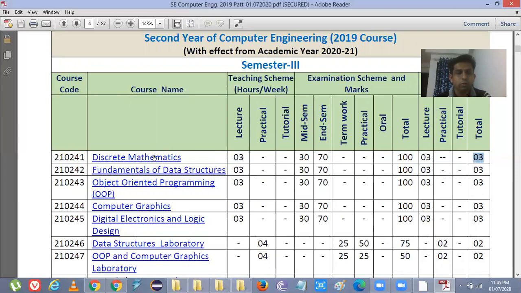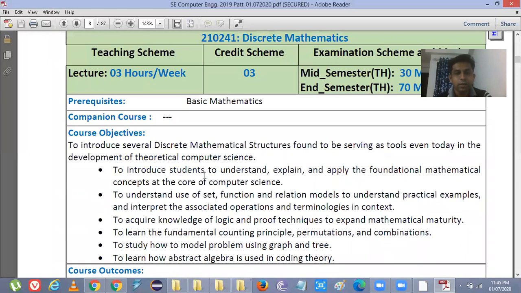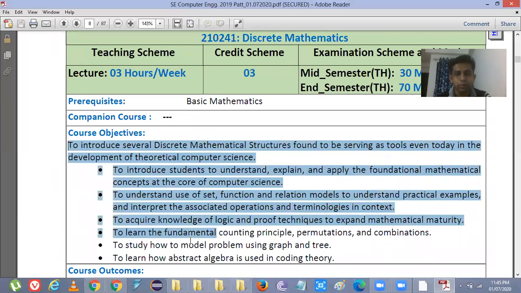Now we go to the actual syllabus. See here, the credits for this subject are 3, mid-semester examination of 30 marks, end semester examination of 70 marks. These are some course objectives of the discrete mathematics subject.